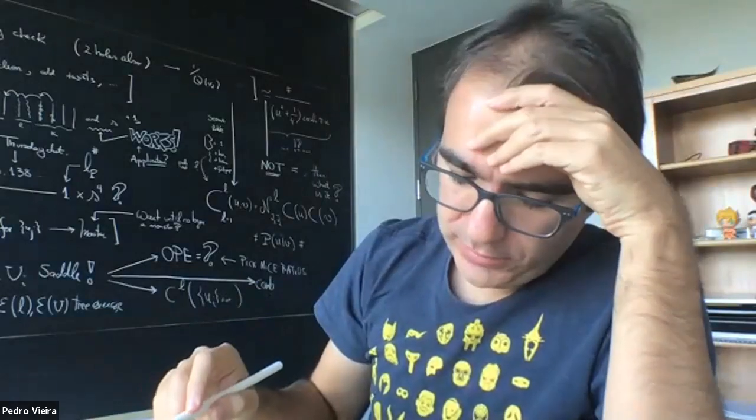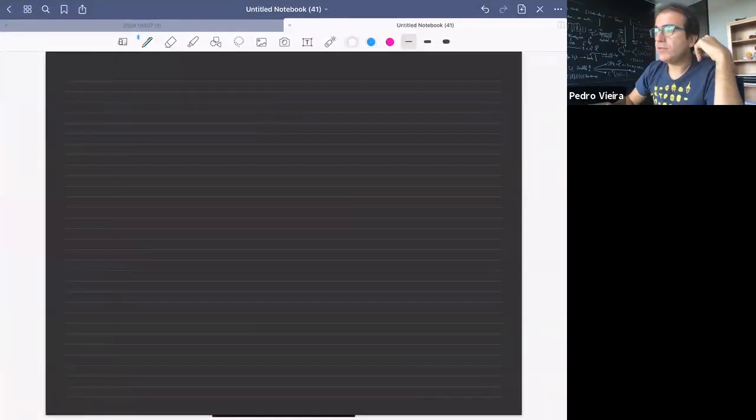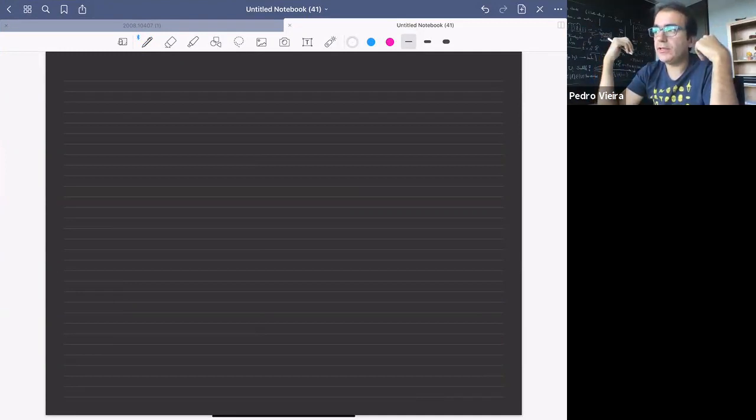So let me say two things. One is that this limit simplifies a little bit because instead of dealing with finite L's, we have large L's, and large L's simplify things a little bit. But in general, it's true we could explore any kinematics.